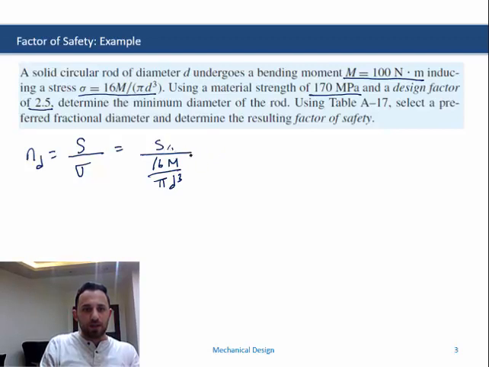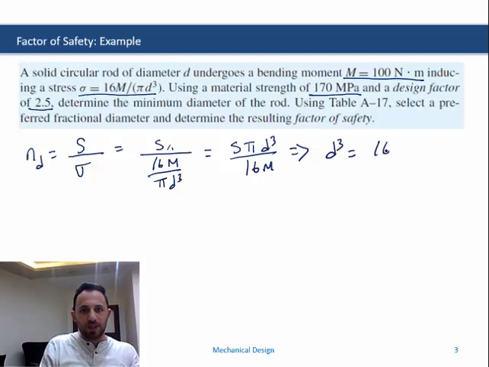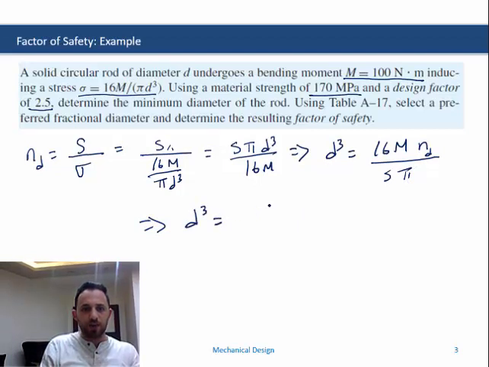This is over 1, which is equal to S pi d cube over 16 M. Therefore, the diameter is equal to the cube root of 16 M multiplied by the design factor over S pi. So we will substitute each parameter by its value.